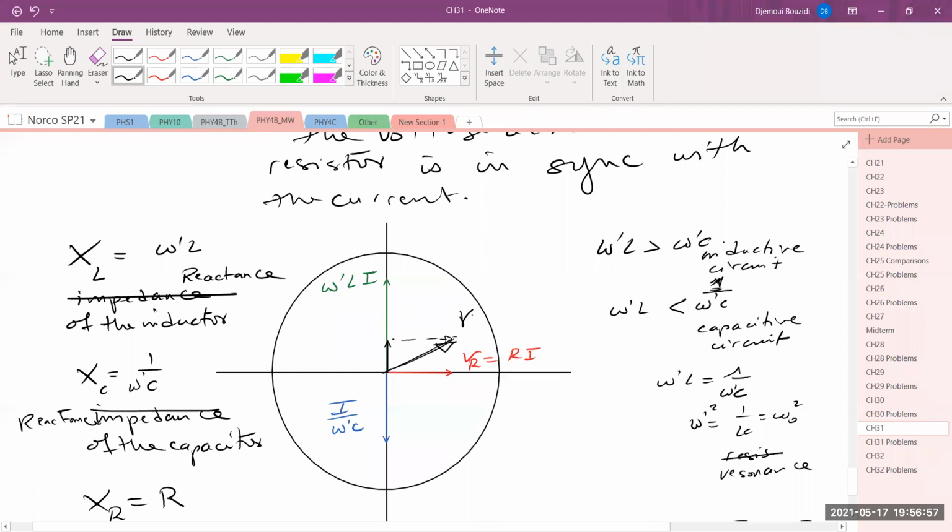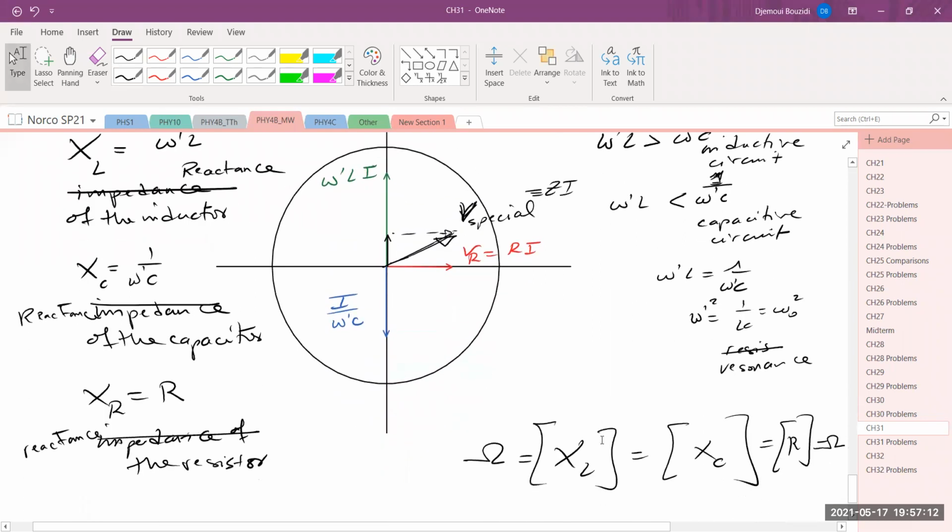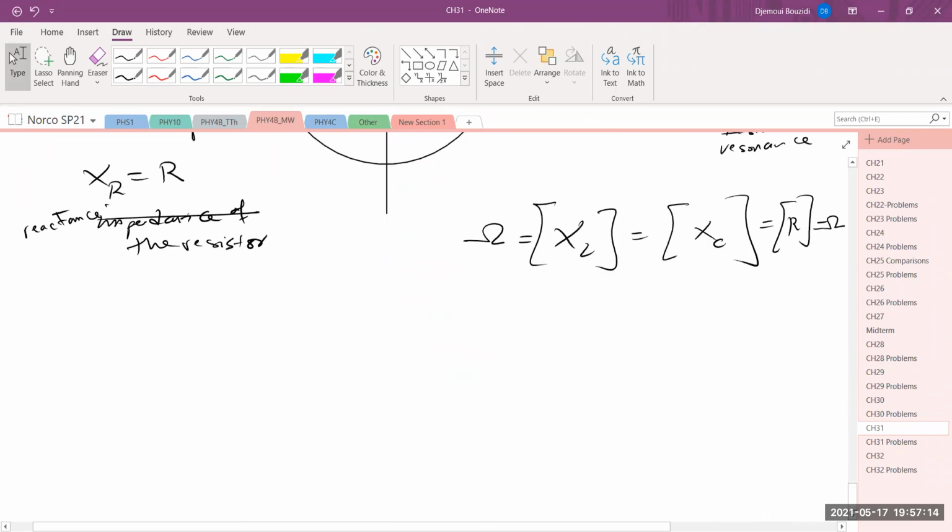So this is V as a whole thing. This is the special V. This is actually the response to the circuit, okay? And this by definition is equal to ZI. So the voltage across the entire circuit is by definition the impedance times the current.